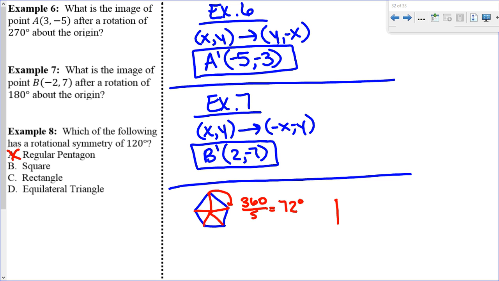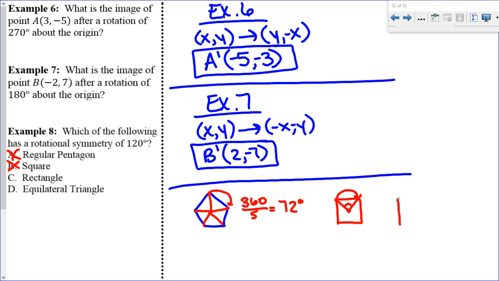Okay, if I had a square, and again, this only works with the regular polygons, if I'm going from this point to this point, how many degrees would that take? Well, that's going to be 90, which is not what we want.